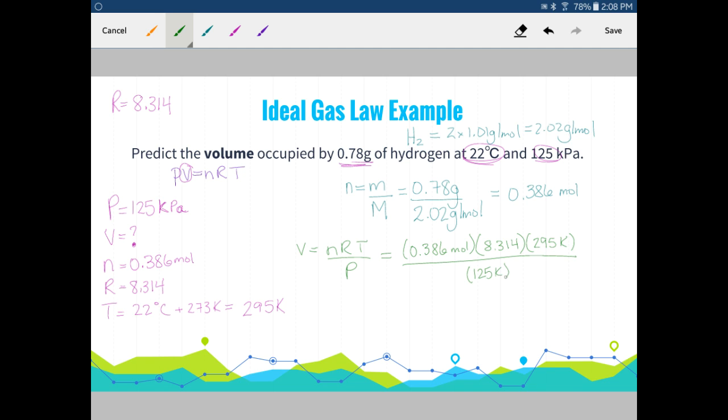So when I plug all of my values in, I should leave my moles to the most digits, and if I do this on my calculator, I can do that by storing that value. That's the best way, that way I'm only rounding one time in my calculation, which is the proper way to do that.